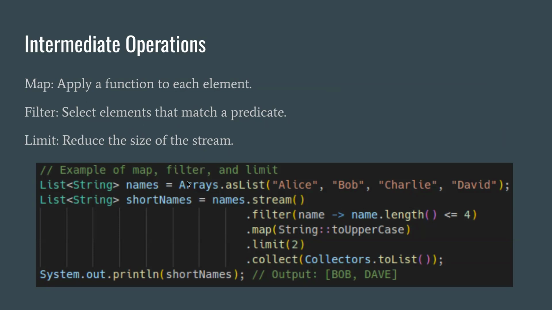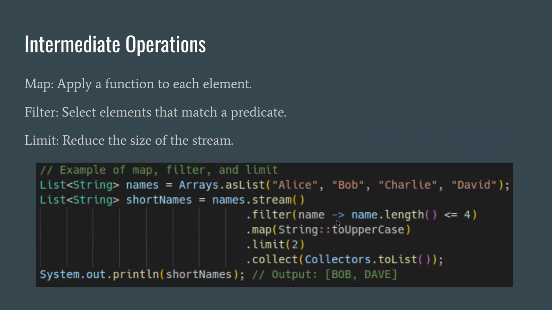If we look at this example, we are creating a list of names, and then we want to use the Stream API to create short names. We'll call stream and then filter any names that have a length greater than 4.